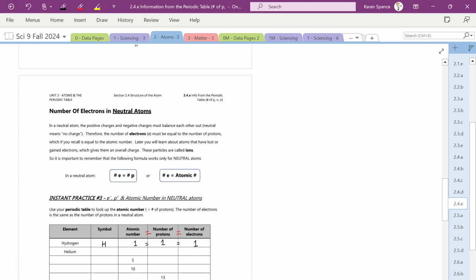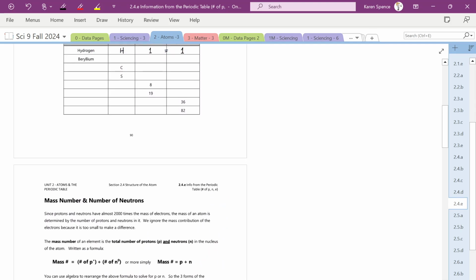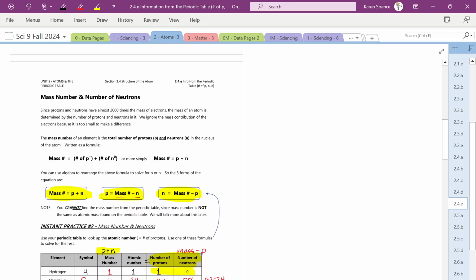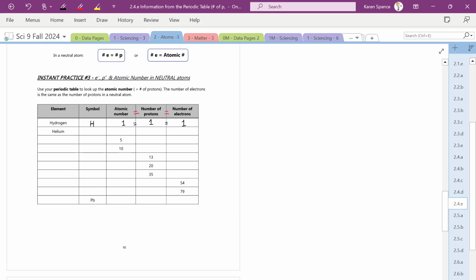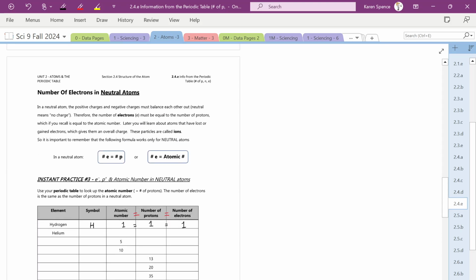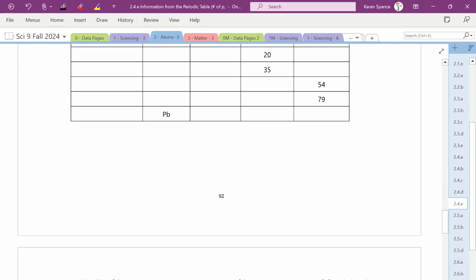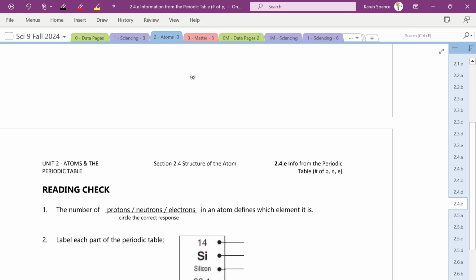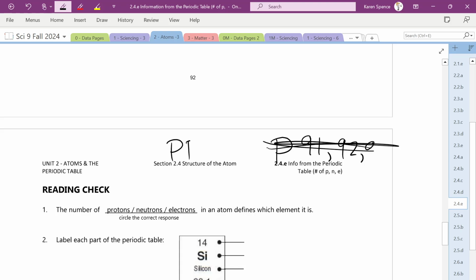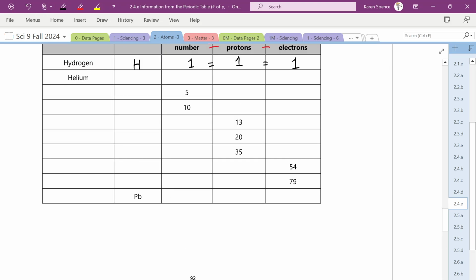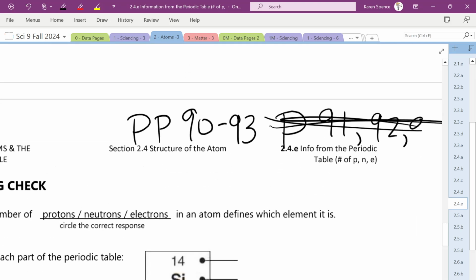So you can now complete pages 90, 91, and 92. And in fact, you can probably do 93 as well. Pages 90 to 93. That's what I'm trying to say.